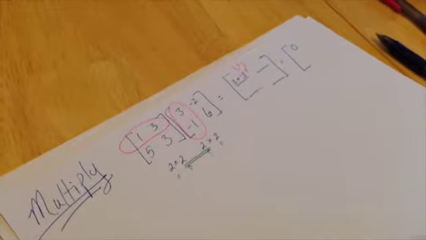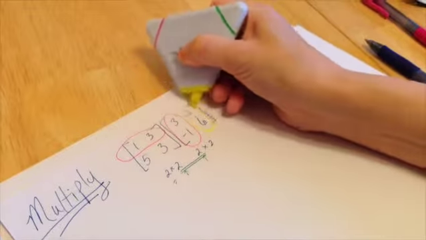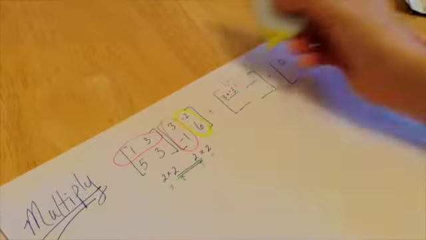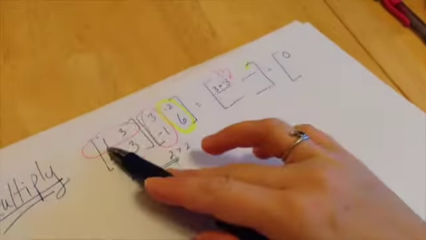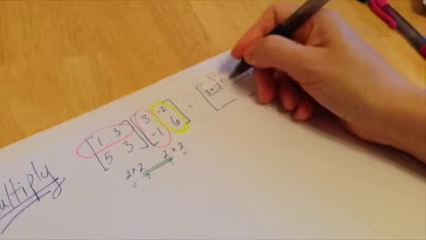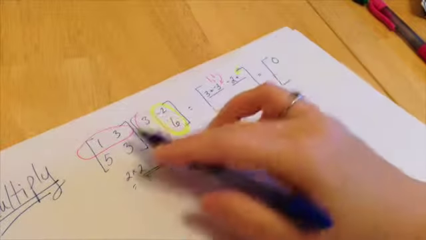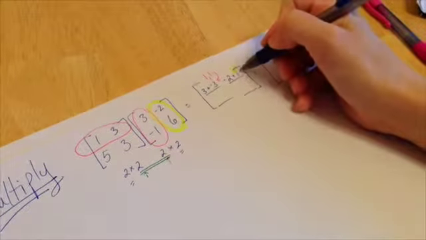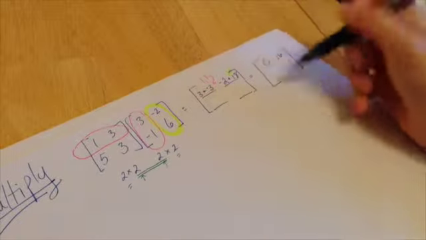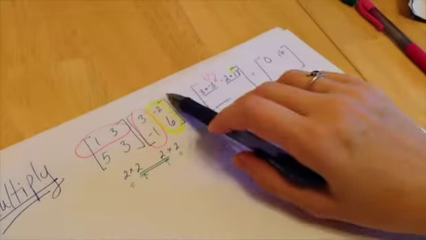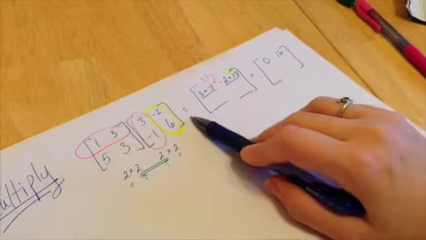Now we're going to take our first row times our second column for our first row, second column spot. 1 times negative 2 is negative 2, and 3 times 6 is 18, giving us 16. We have no more columns to multiply by.